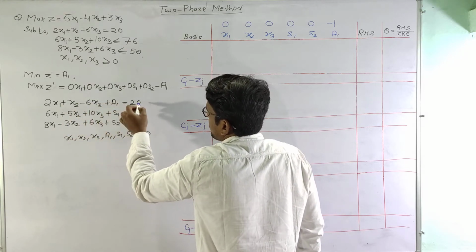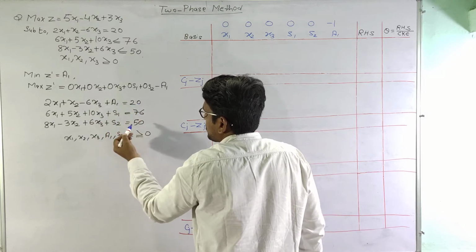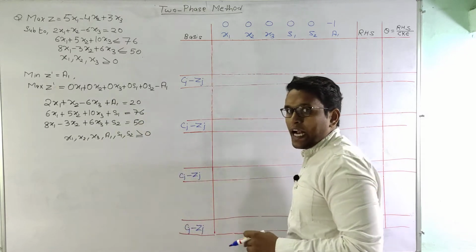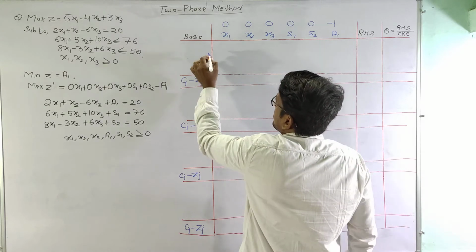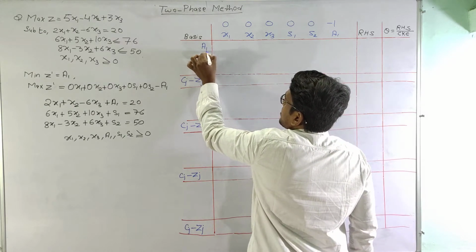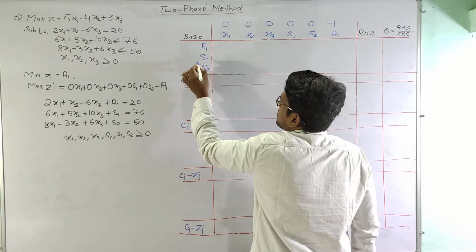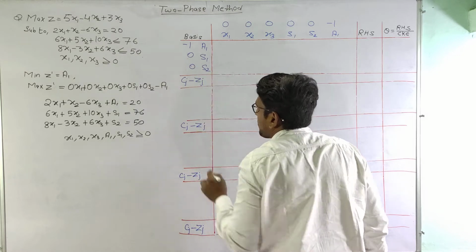In the first equation, we get a1 equals 20. Similarly, s1 equals 76 and s2 equals 50. That means all three are non-negative and eligible to enter the basis column. So these are variables a1, s1, s2 with objective function coefficients minus 1, 0, 0.